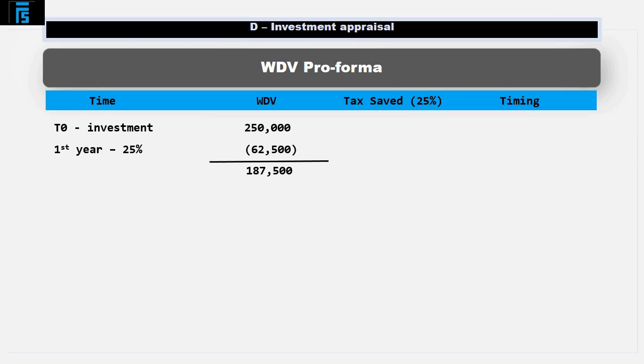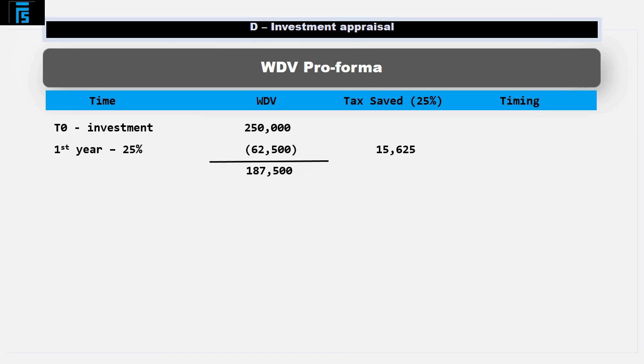This $62,500 allowable depreciation saves us tax at a rate of 25%, our corporation tax rate. So $62,500 times 25% equals $15,625.